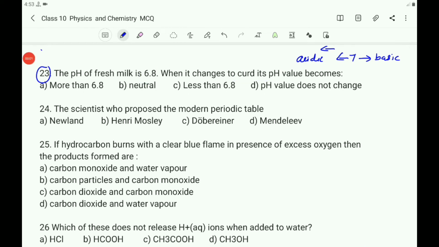Adding curd, it becomes acidic. So you know that pH decreases with the increase of acidic nature, that is, the increase of hydrogen ions, and pH increases with the increase of basic nature. So here as its acidic nature increases, it becomes less than 6.8. What is the answer here? Option C is the answer. Less than 6.8.